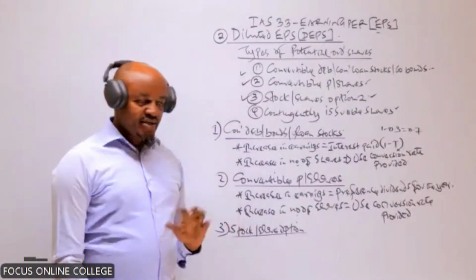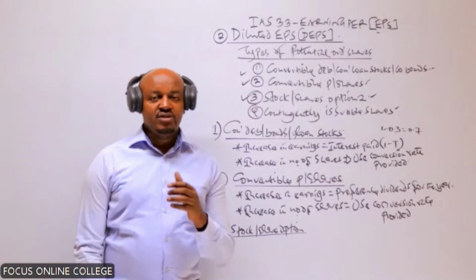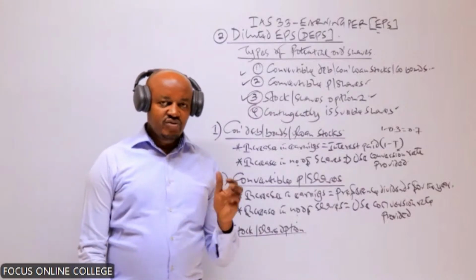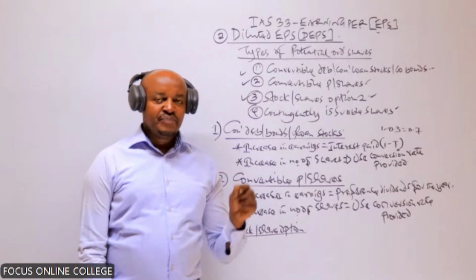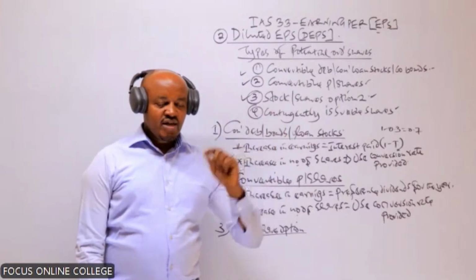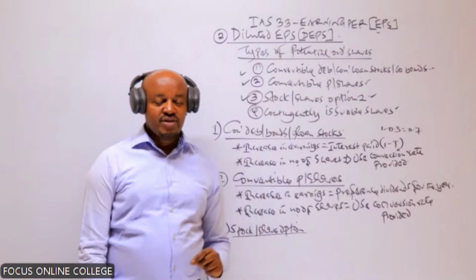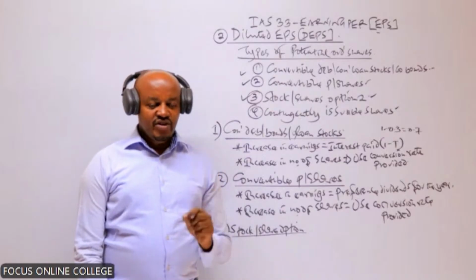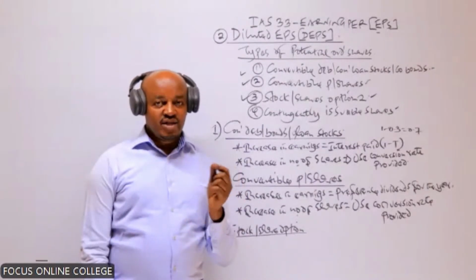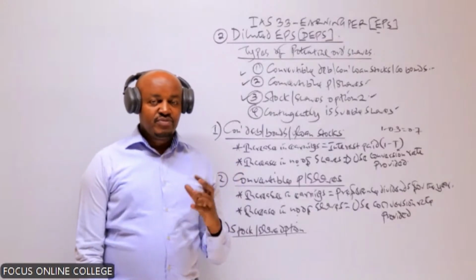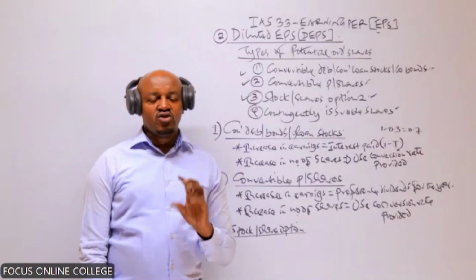We said that this is a privilege, or in other terms a right, given to the employees of the company to buy the shares of the company in the future at a price below the market price.